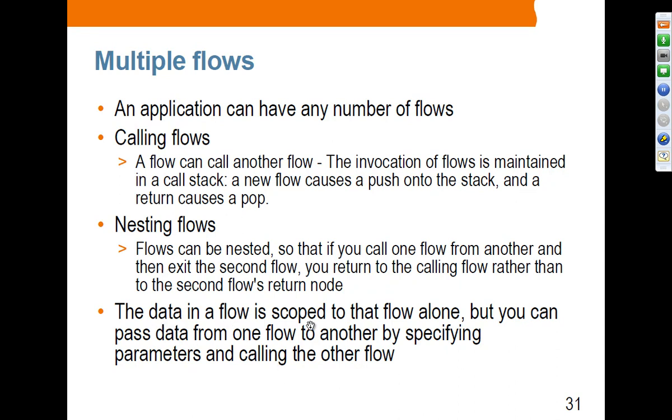So data in the flow is scoped in the flow alone, but you can pass data from one flow to another by specifying parameters when calling the other flow. So as we talked about, flow beans, flow scope beans are only visible within a particular flow, right? So if a particular flow calls another flow, how do they pass data? That's where they are going to use parameters, okay? Just like calling another method.